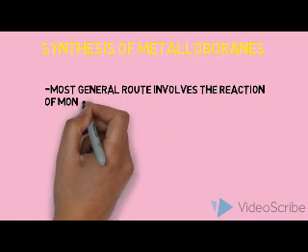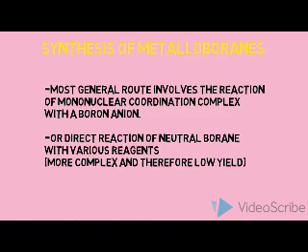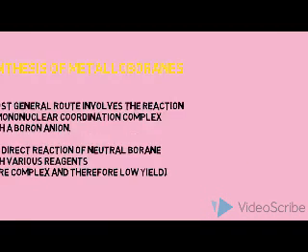For the synthesis of metalloboranes, the most general route involves the reaction of a mononuclear coordination complex with a boron anion, or direct reaction of neutral borane with various reagents. The second is more complex and therefore has a low yield.